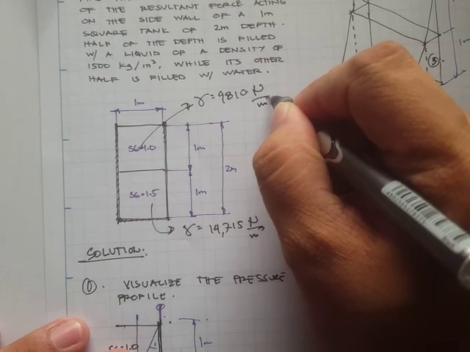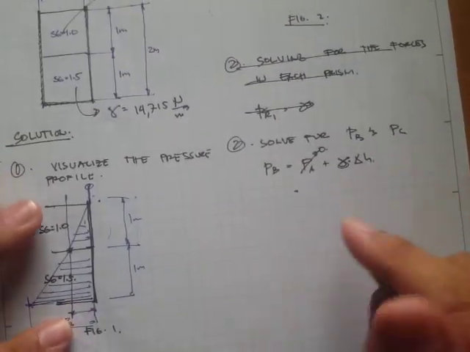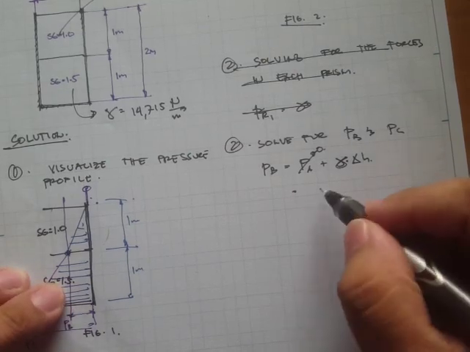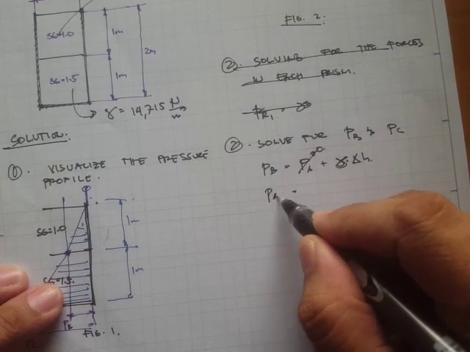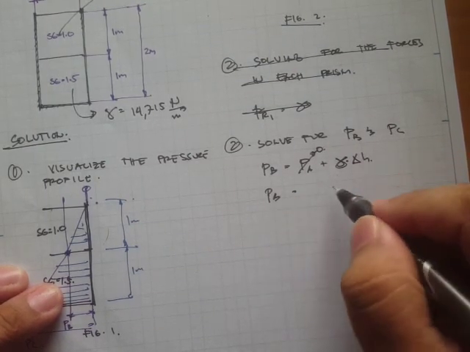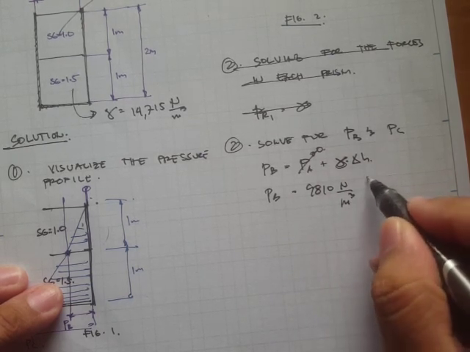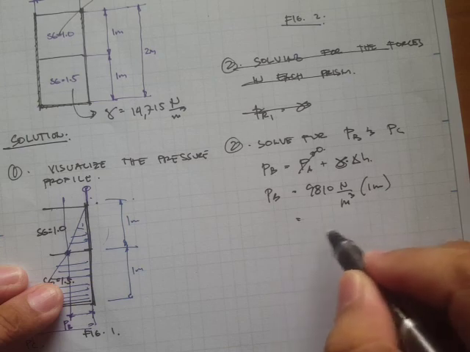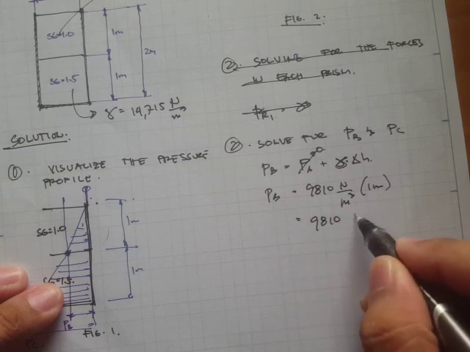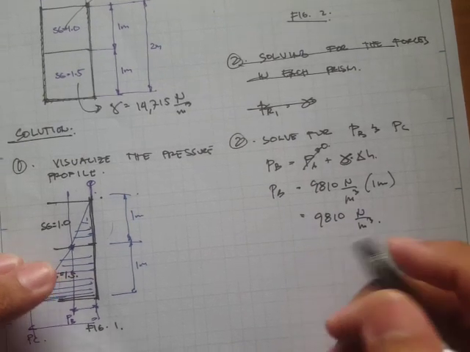So PB is just equal to 9,810 Newton per meter cube times 1 meter. So PB is just 9,810 pascals.